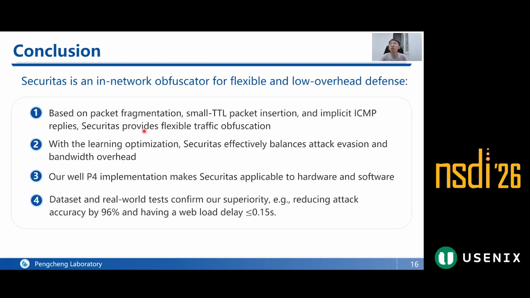In conclusion, in this paper, we propose Securitas. This is an in-network obfuscator, which is flexible and has low overhead when defending against traffic analysis attacks. Securitas uses packet fragmentation, small TTL packet insertion, and the ICMP replies sent by the nodes on the internet to do its obfuscation.